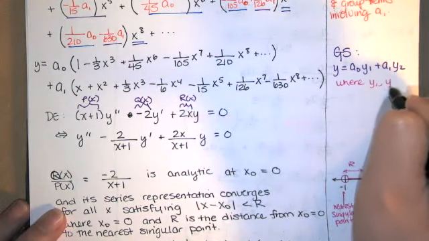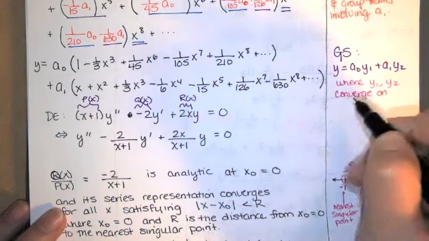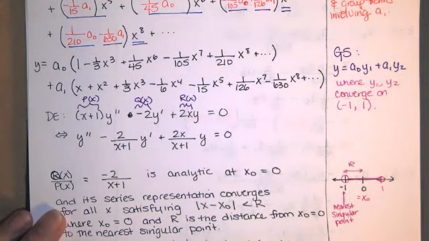where y1 and y2 converge on the interval from -1 to 1. Now, it's possible that they converge from -infinity to infinity or from -10 to 10.